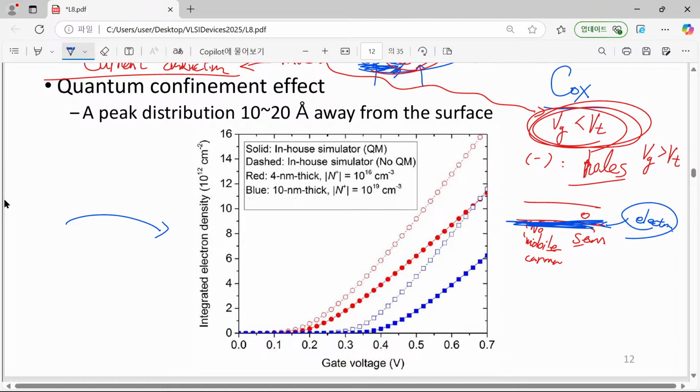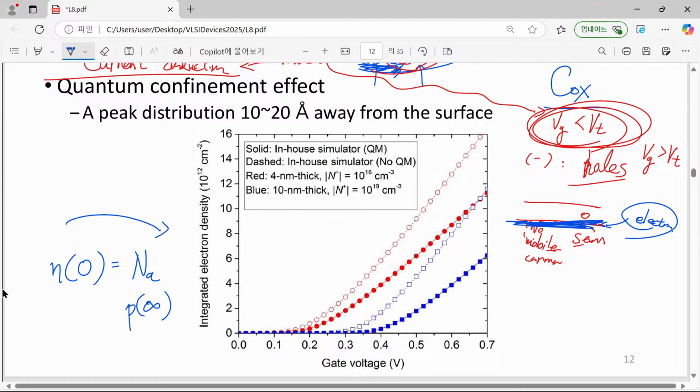Up to now, I have told you that the theoretical condition for the onset of strong inversion is that the electron density at the interface becomes Na, the hole density at the deep substrate. This is a theoretical one.